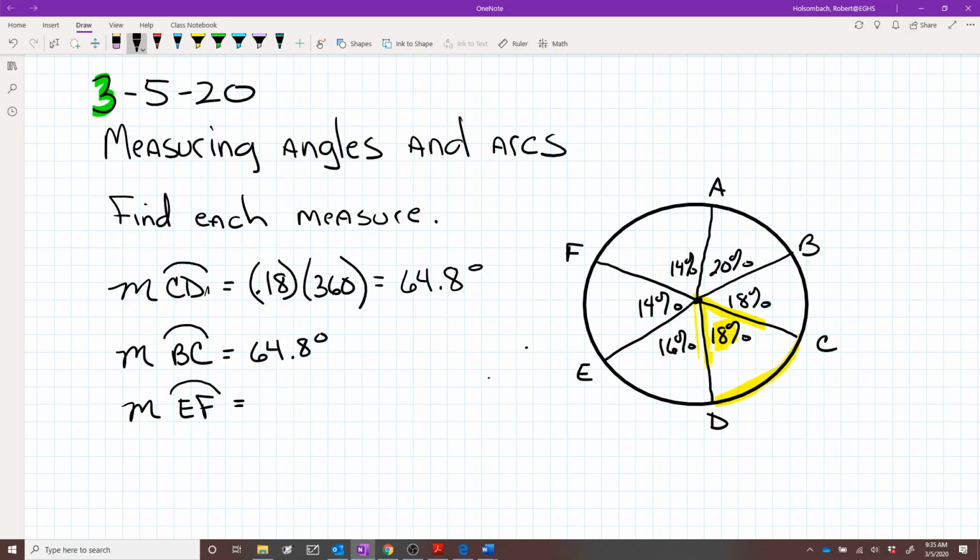E to F's right here. 14% of the circle. So you've got 0.14 times 360, which is 50.4 degrees.